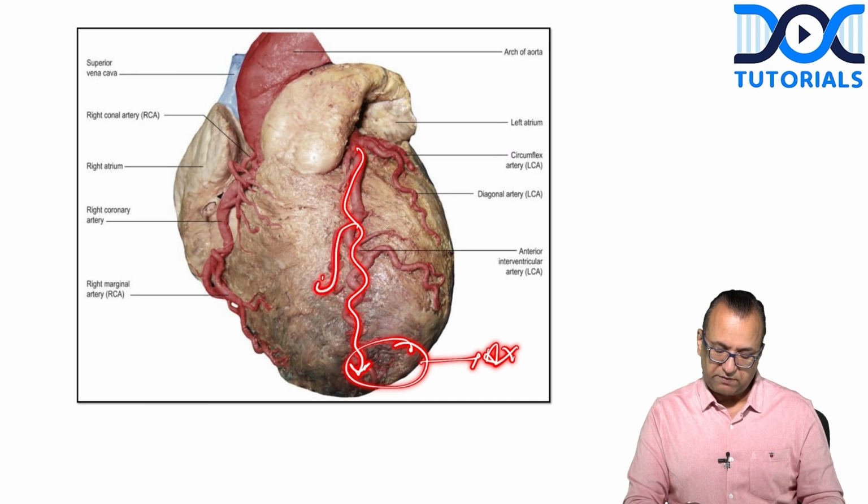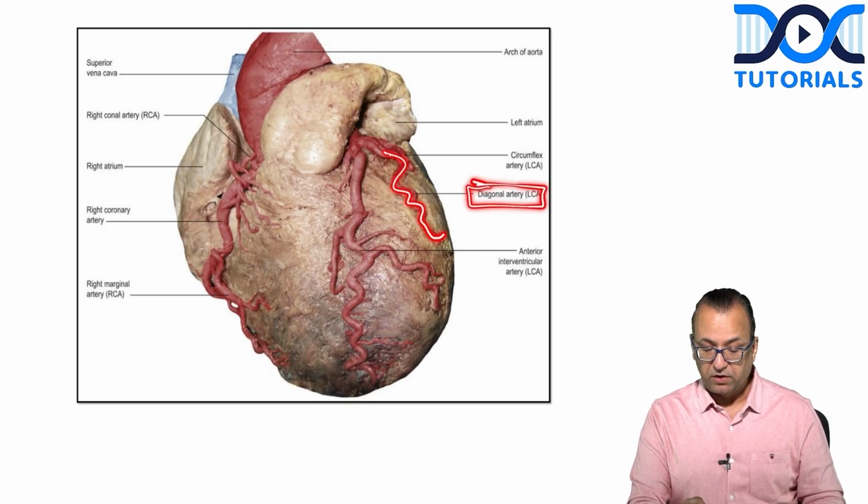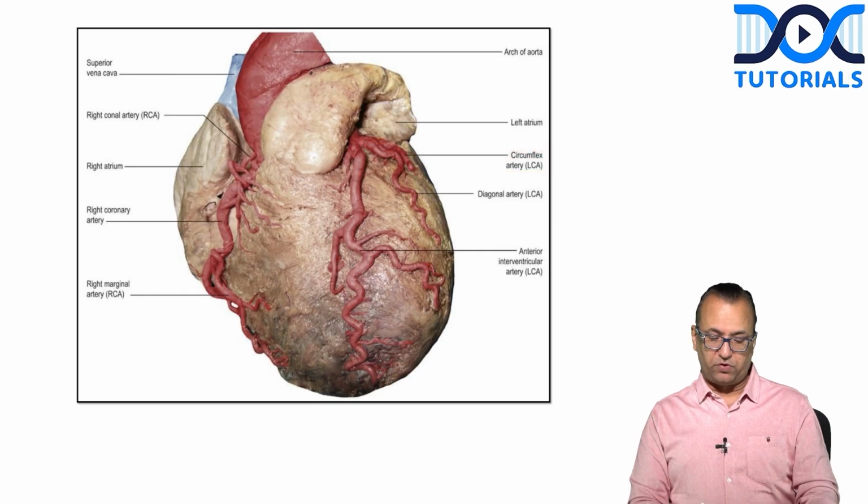It gives some branches to the right ventricle also, but mostly to the left ventricle, like one of the branches given here, the diagonal artery. Diagonal arteries are multiple in number, and you see another diagonal artery now, coming from the left coronary artery. The left coronary artery continues itself as the circumflex artery.